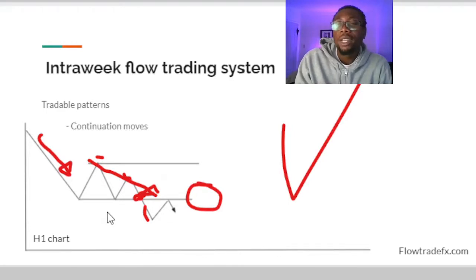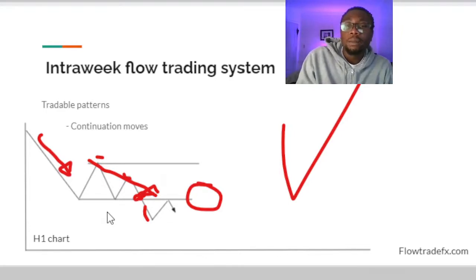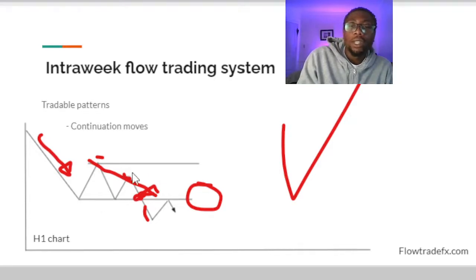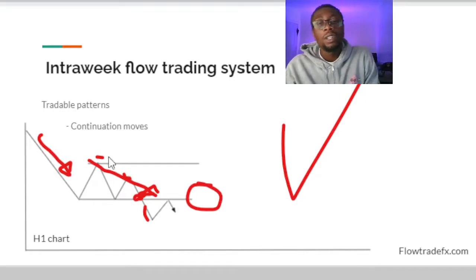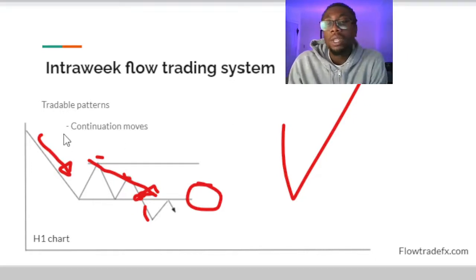You wouldn't want to trade flat bottom triangles in an uptrend, because we're not going to be taking trades off of this area. We're going to be taking trades based on a different metric. And if price is failing to break higher in an uptrend, then that means that uptrend is experiencing weakness. And we're not going to be trading weakness, we're going to be trading strength and flow of the market.